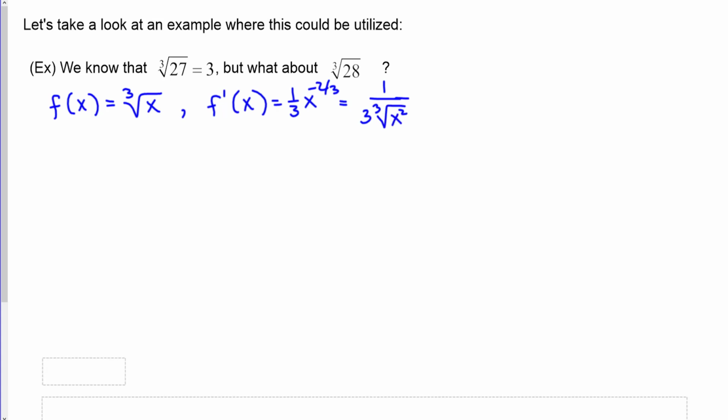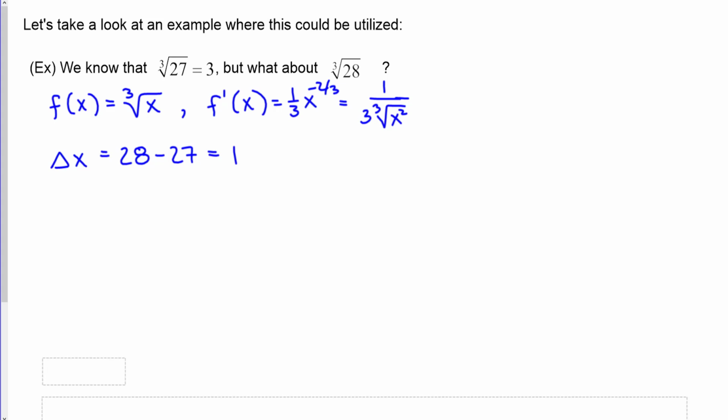Okay? Now, the distance between these points from 27 to 28, so that's the change in my x value. So 28 minus 27 is 1. So my delta x is 1.